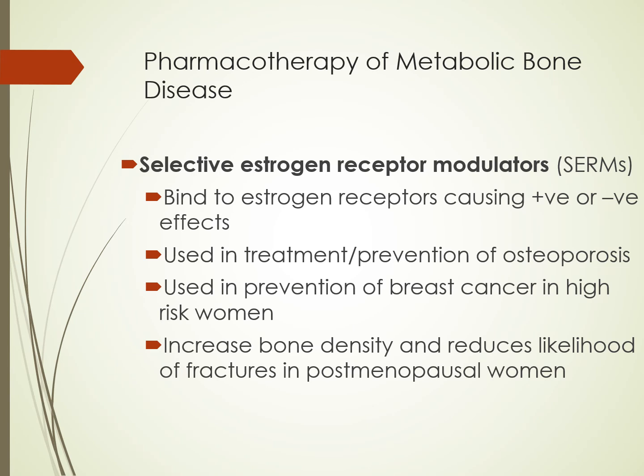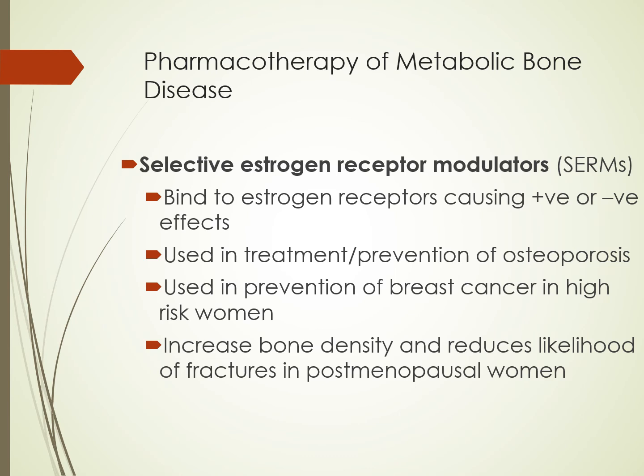Okay, so continuing with these selective estrogen receptor modulators, raloxifene is the one we're going to talk about here. Tamoxifen you'll get in another module, I think, in the next pharmacology class. So basically these modulators bind to estrogen receptors around the body, and depending on where the estrogen receptor is, meaning is it in the uterus, is it in the breast, is it in the bone, it can have a positive effect, which is an agonist effect, or a negative effect, which is antagonist.